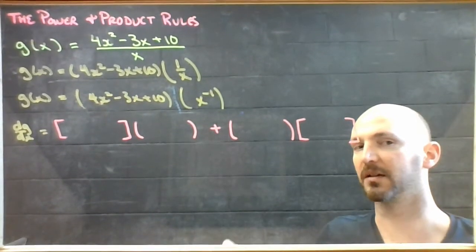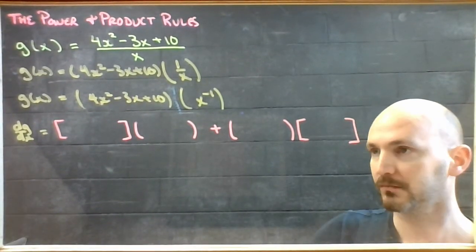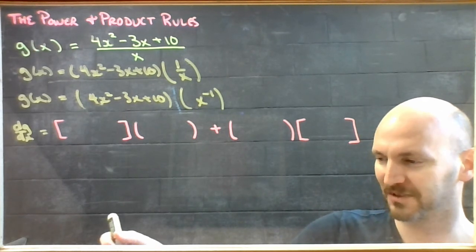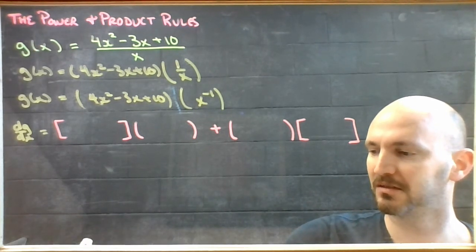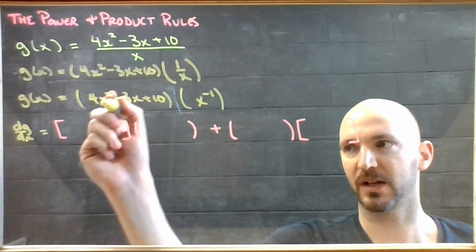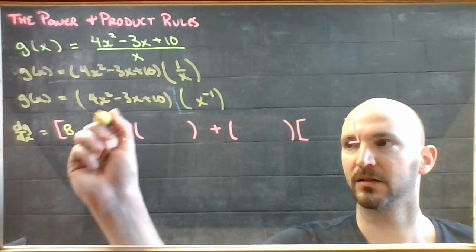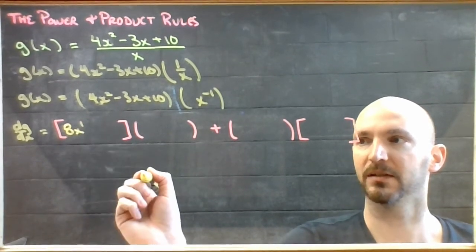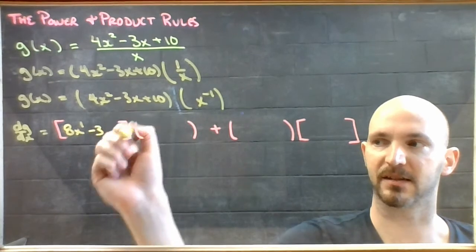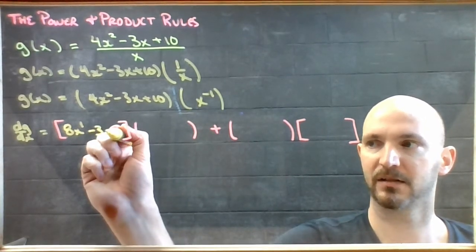New marker, it's getting a bit carried away. Bring the exponent down. 2 times 4 would be 8. Reduce the exponent by 1. 1 times negative 3 is negative 3, x to the 0, so I don't need that.